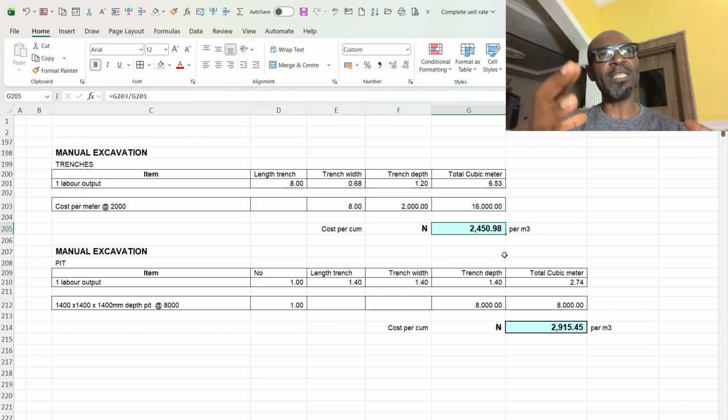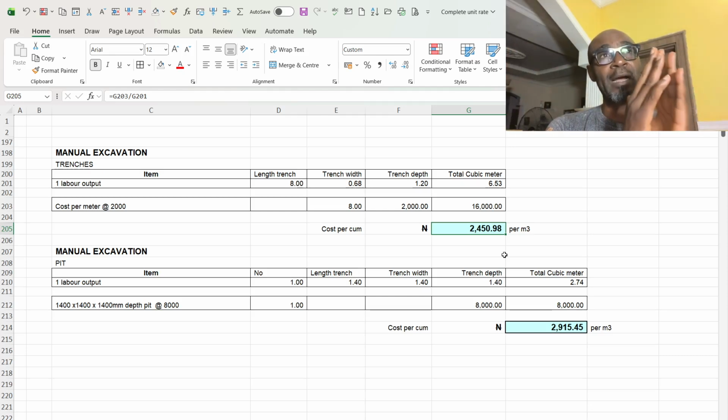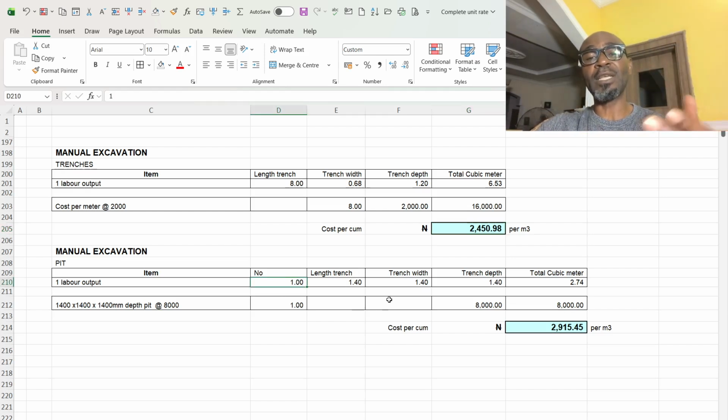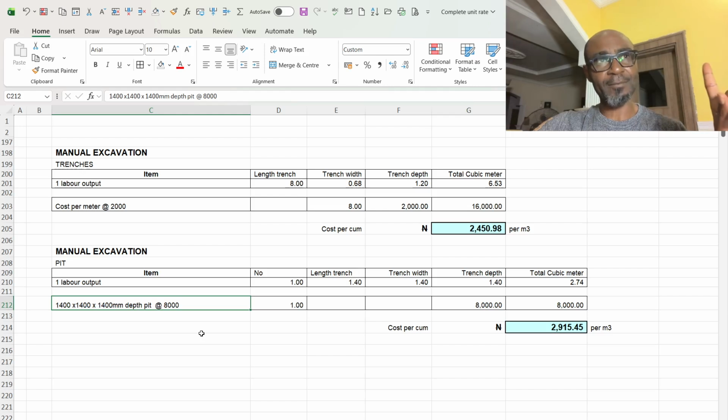I then went further to compute for pits. Say you are taking pits in isolation. These guys too, they charge you per pit. Yours is to tell them what the depth of the pit is and what the width of the pit is, and they will tell you their cost upon finishing that pit. So I took a sample: I am digging a pit of 1.4 by 1.4 by a depth of 1.4, and the volume of that pit is 2.74 cubic meters.